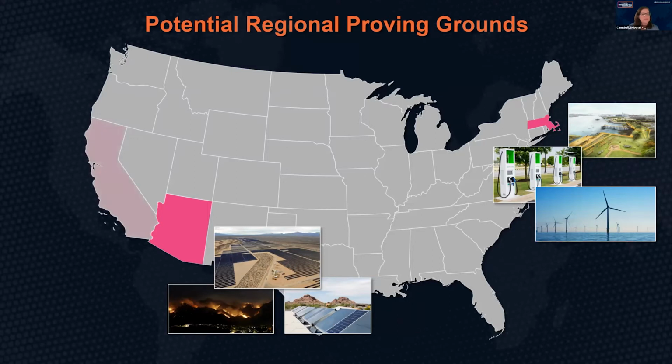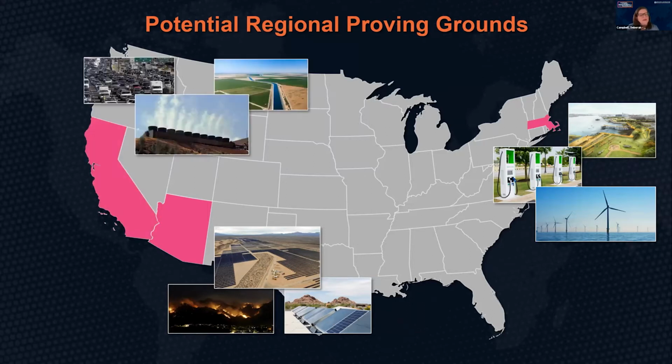If we look to the West Coast and California, this is a very geographically diverse state. There are great opportunities for more solar, offshore wind, and also geothermal that's shown here. California has a number of challenges. One is the very complex transportation and urban infrastructure, as well as ensuring an adequate water supply to meet people's needs.